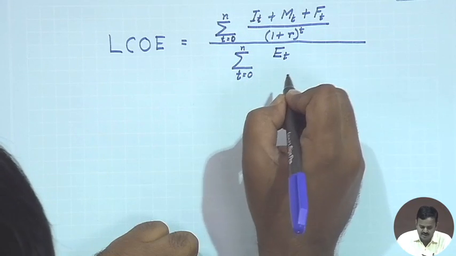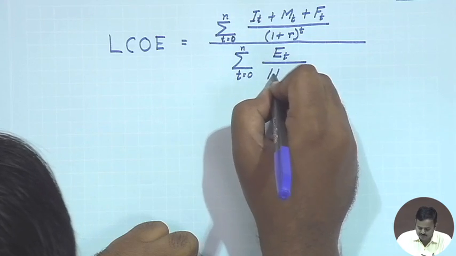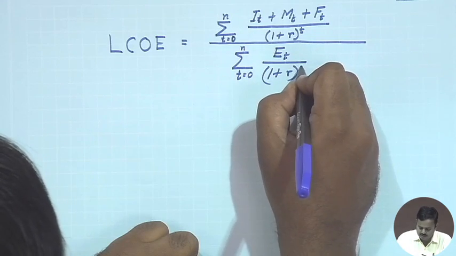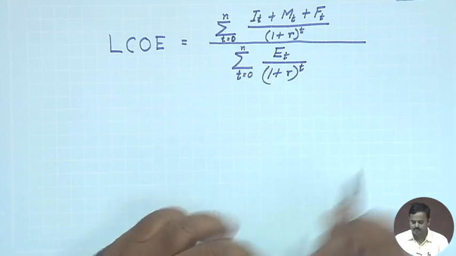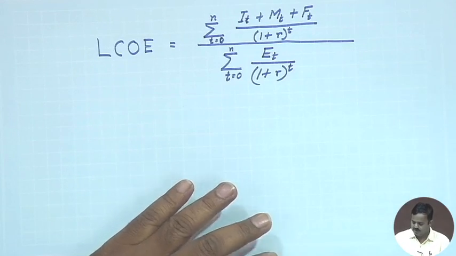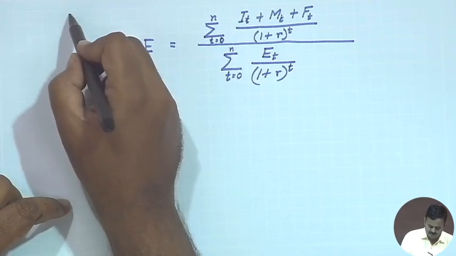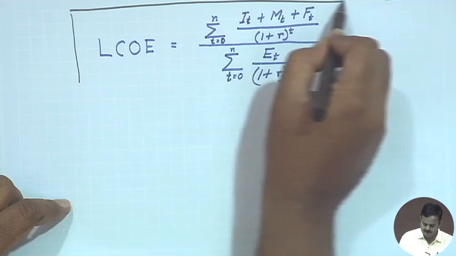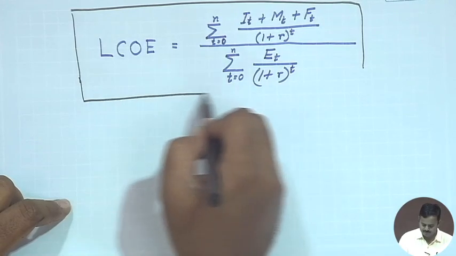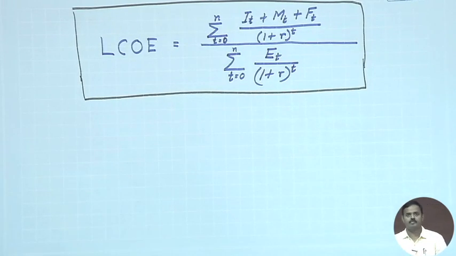I would write E_t divided by 1 plus R to the power t. So, this is a very simple expression for LCOE.